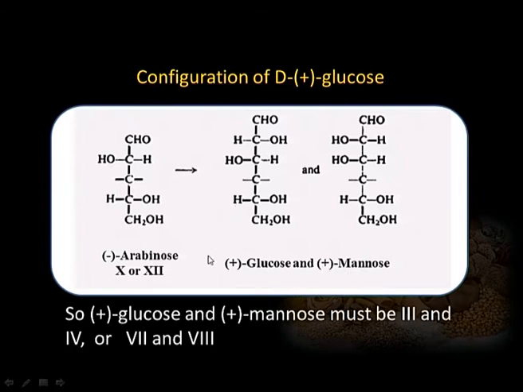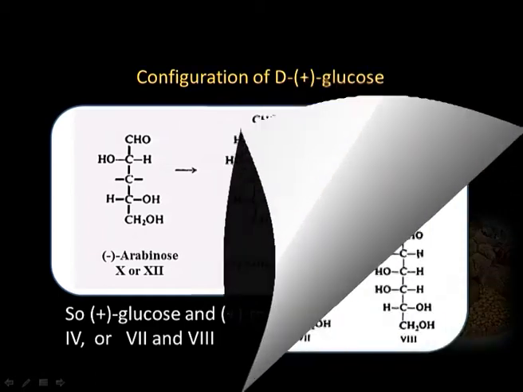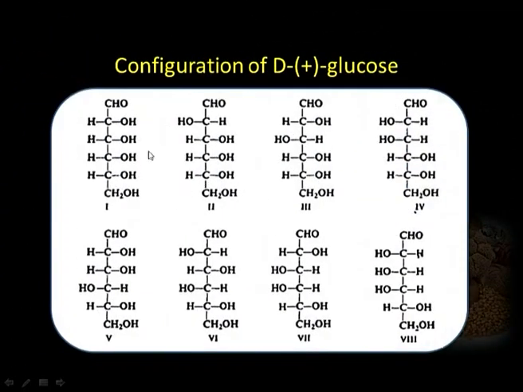So, based on all this we can say that plus glucose and plus mannose must be a pair, and that pair should be either 3 and 4 or 7 and 8. It cannot be 1 and 2 or 5 and 6. Here the hydroxyl at carbon 2 can be on the right side or left side in case of both, but the hydroxyl at carbon number 3 in this aldohexose has to be on the left hand side.